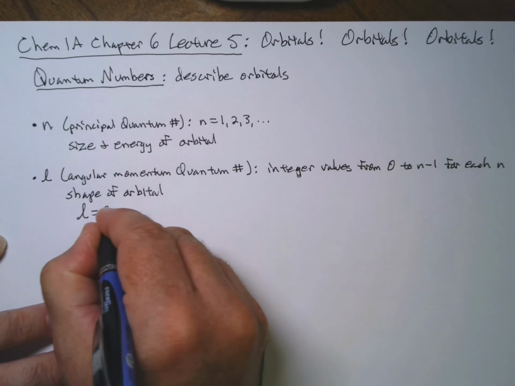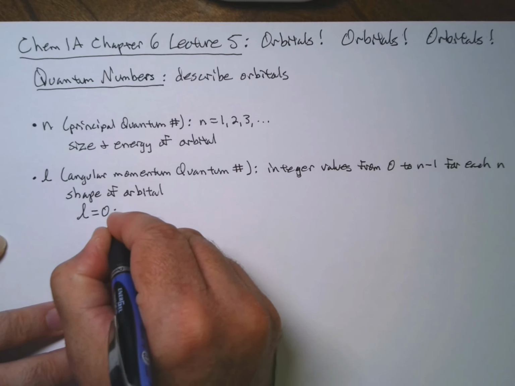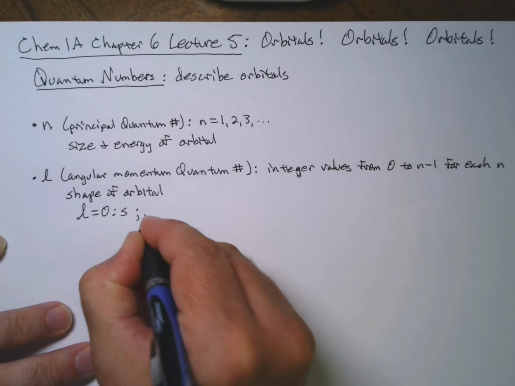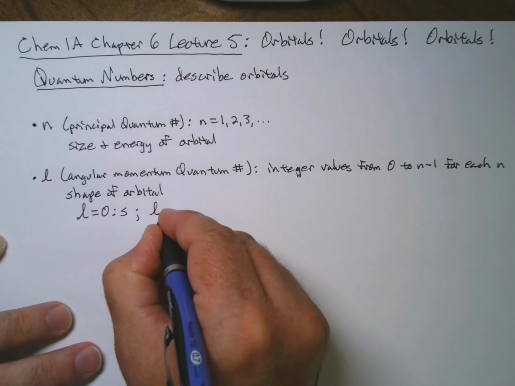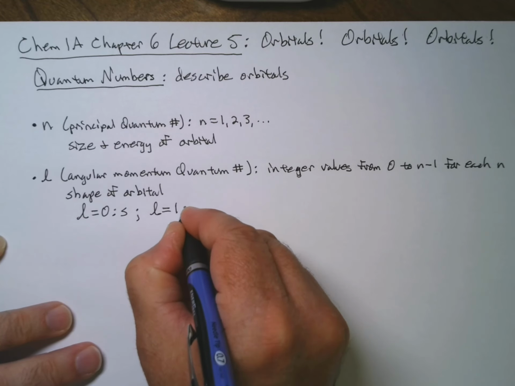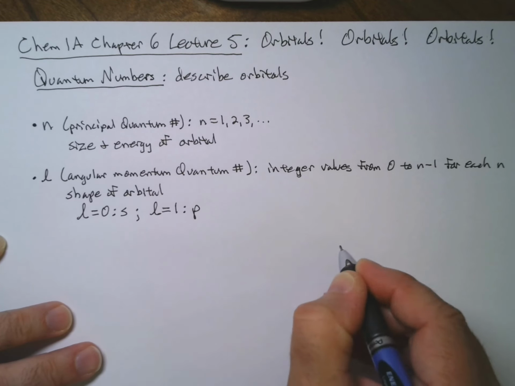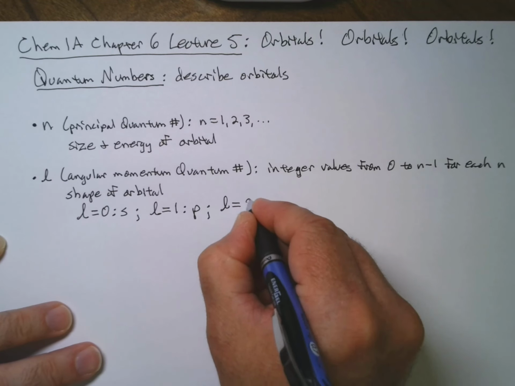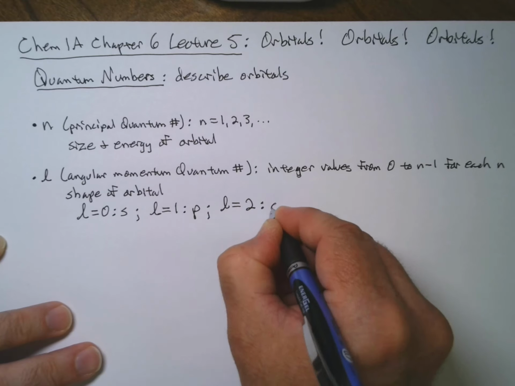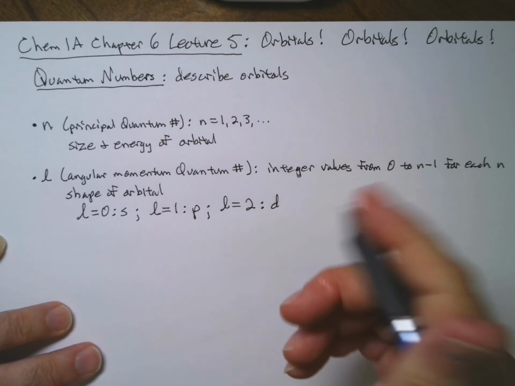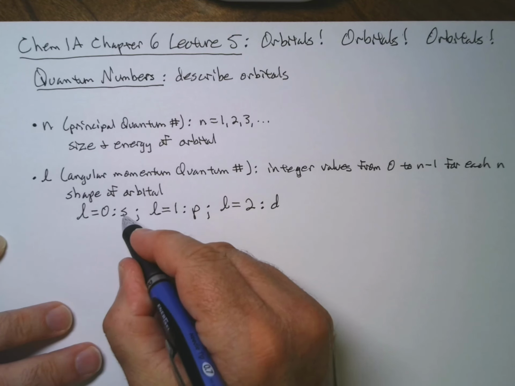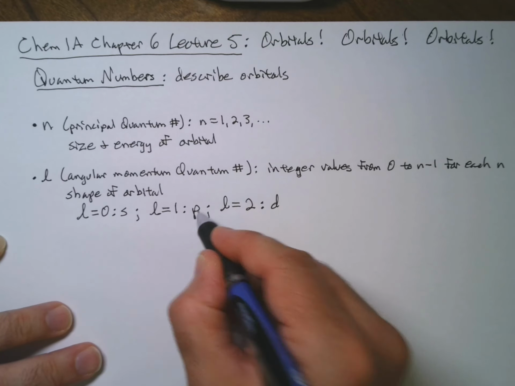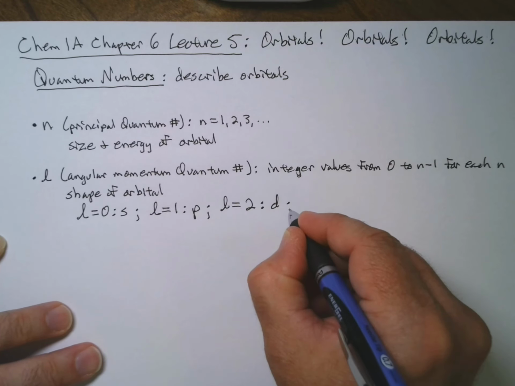When L equals 0, that's the s orbital. When L equals 1, that's the p orbital. When L equals 2, that's the d orbital, or d orbitals, I should say. So we've got an s orbital, we've got multiple p orbitals, multiple d orbitals.